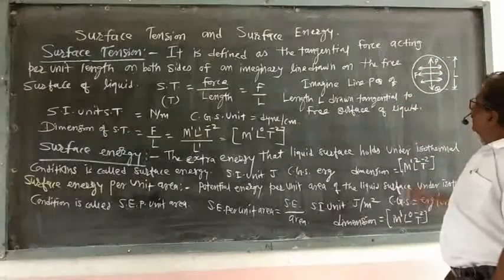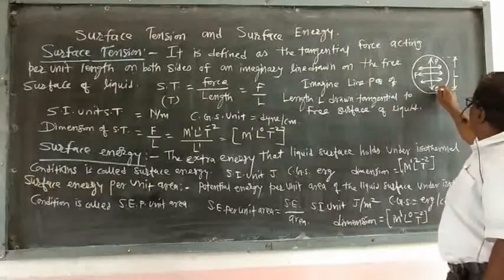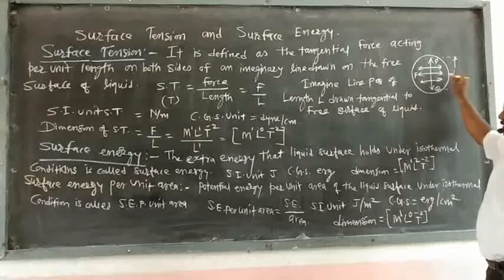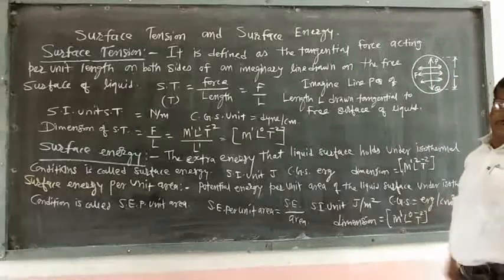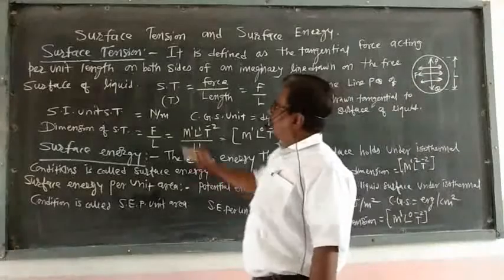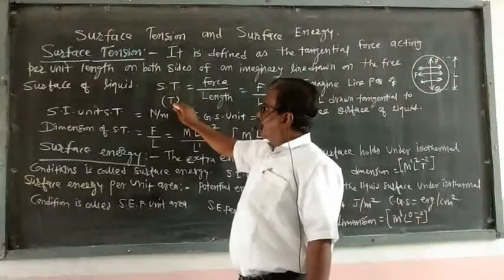In that figure, imagine a line PQ of length capital L, which is drawn tangential to the free surface of the liquid. Then surface tension is represented by the letter capital T.